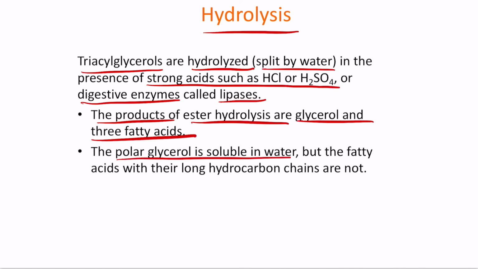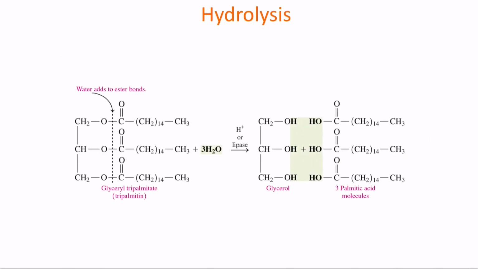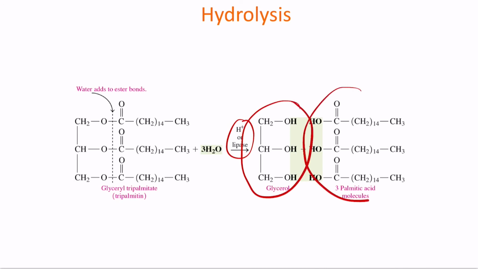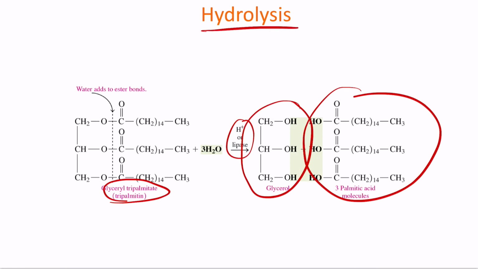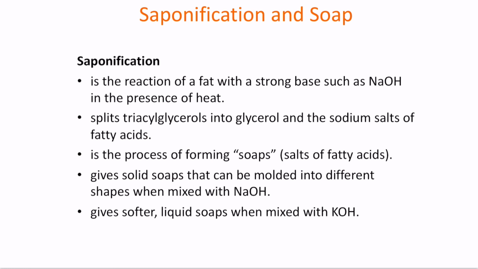The polar glycerol is soluble in water, but the fatty acids and their long chain hydrocarbons are not. What happens when you add water to ester bonds is that it splits them and creates glycerol and 3 palmitic acid molecules. Here we are using tripalmitin, which creates glycerol, and this reaction is a hydrolysis reaction.